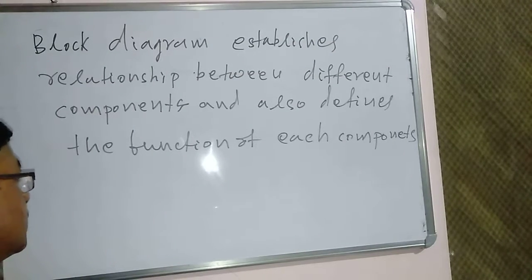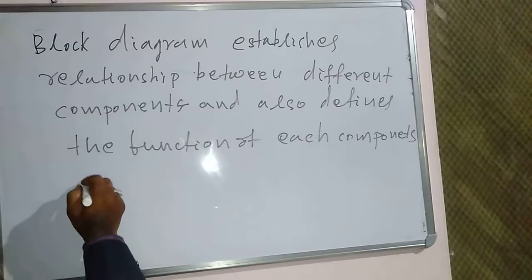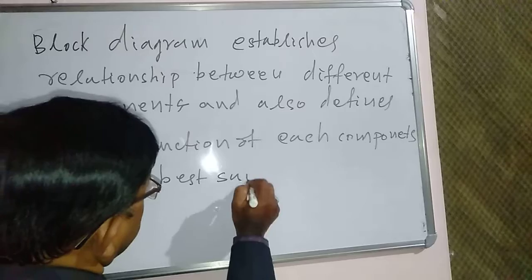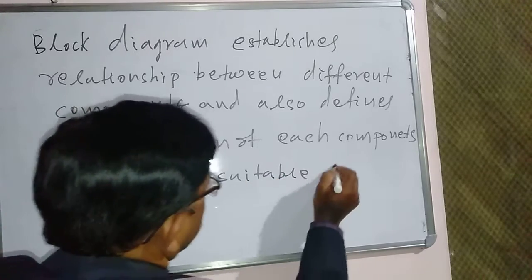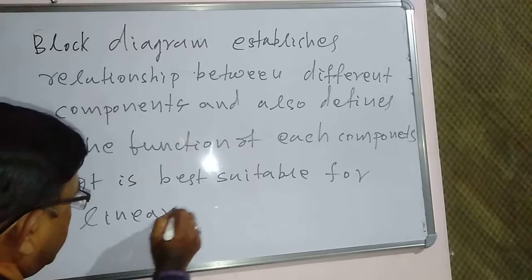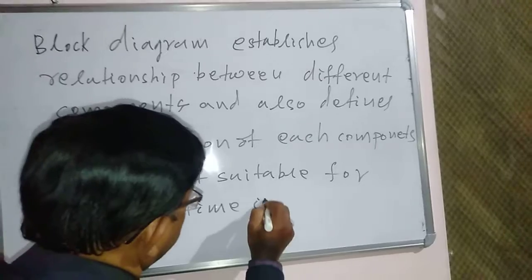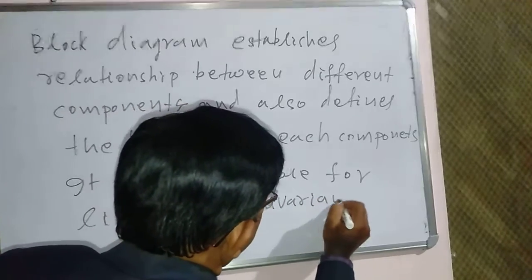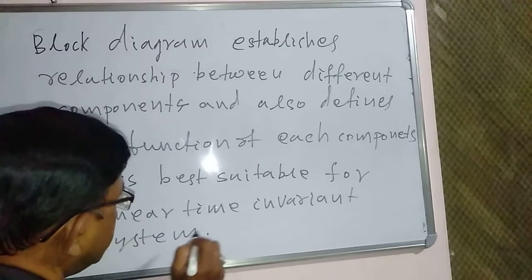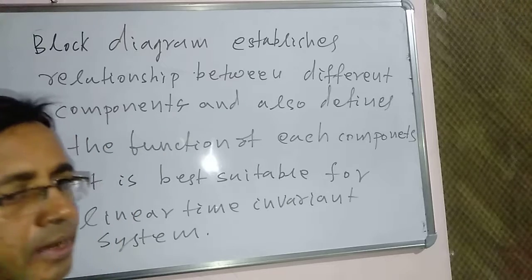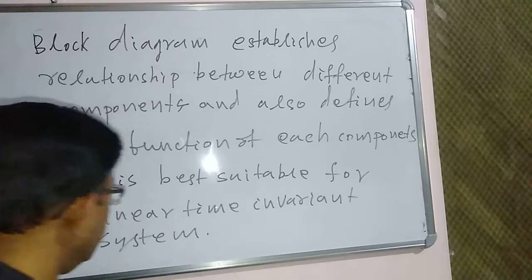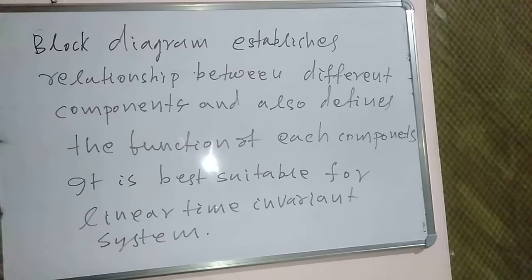And generally this block diagram is best suitable for linear time invariant systems. So what is linear time invariant system? Already I have discussed in my last lecture, so here there is no need to explain again.